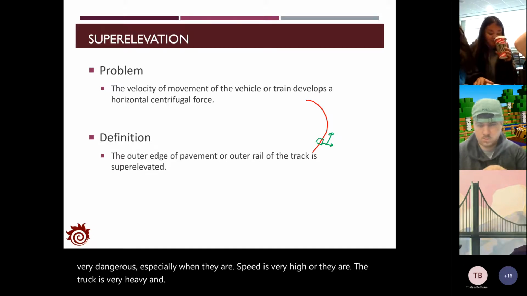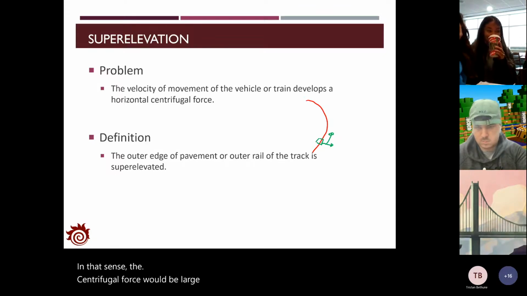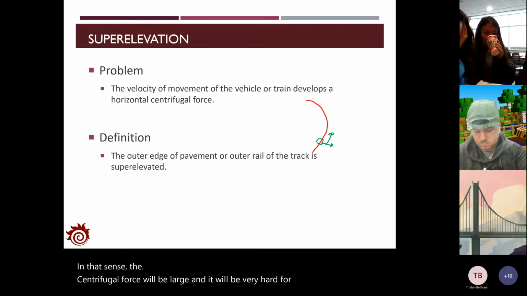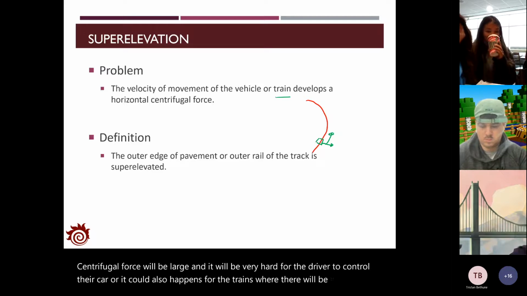In that sense, the centrifugal force will be large, and it will be very hard for the driver to control their car. Or it could also happen for the trains, where there will be a lot of load.